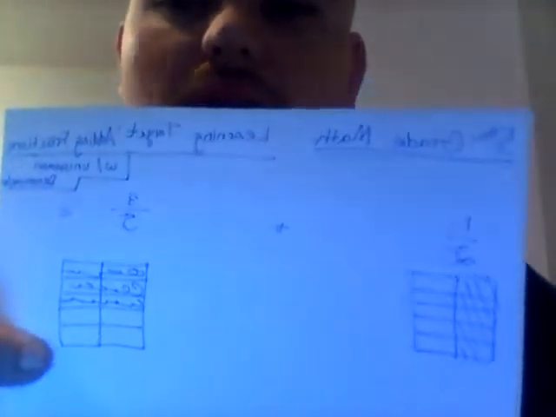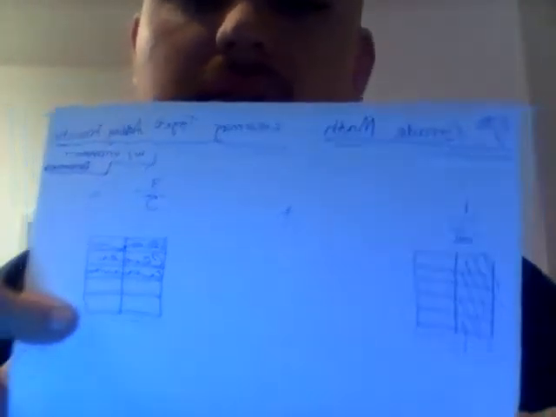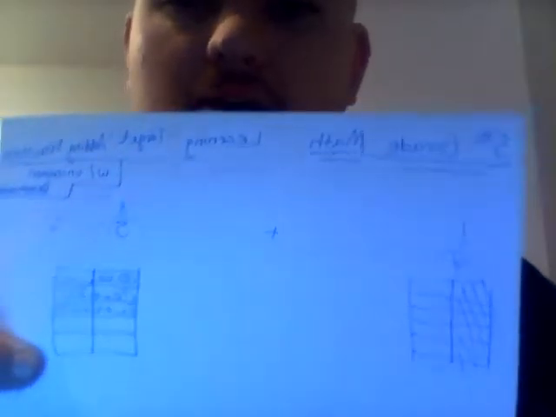Now that we made it into a common denominator, how many equal parts do we have now? We have 10, correct. So 10 is going to be our common denominator.